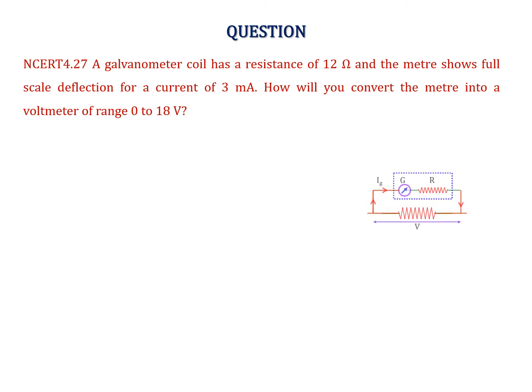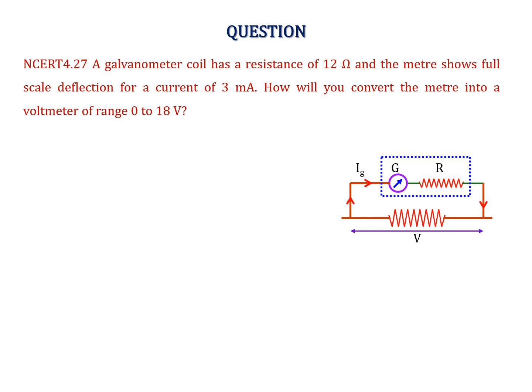So we need to connect a high resistance in series. The resistance required is given by V upon Ig minus G. We are given resistance of galvanometer is 12 ohm. Current through galvanometer is 3 milliampere and potential to be measured is 18 volts.